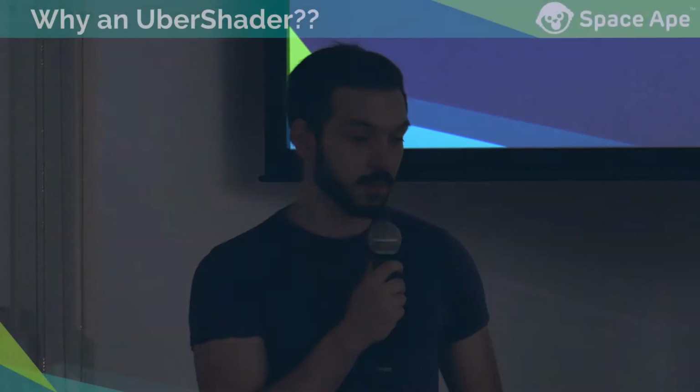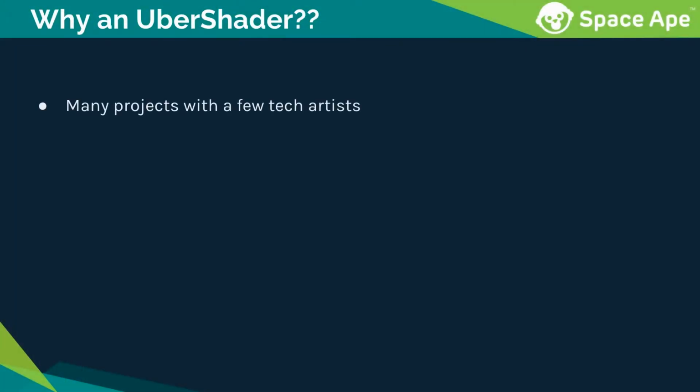Now, an Uber shader is a normal shader that can do a lot of different things. And why did we create it? The main reason is because we have a lot of different projects, we have a lot of different prototypes, and not that many tech artists or people that are brave enough to write a shader.